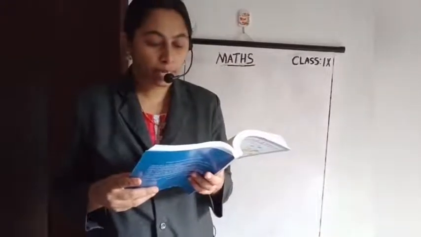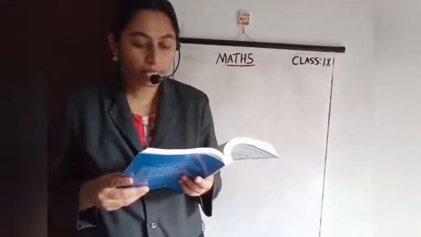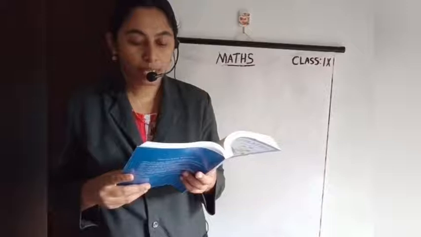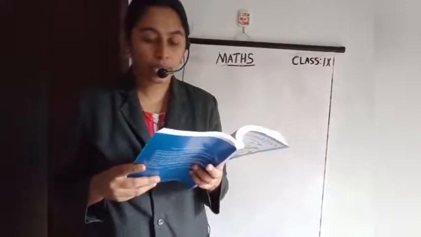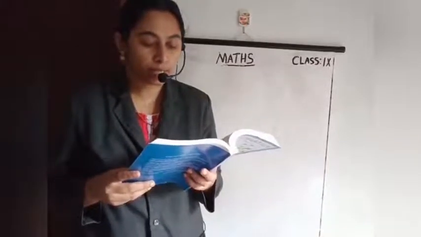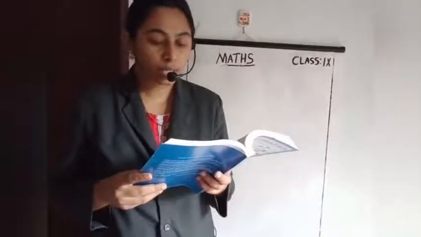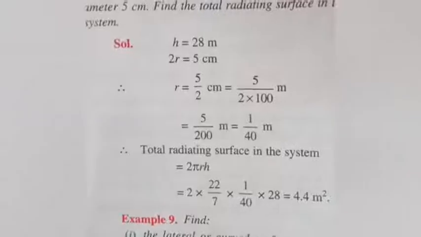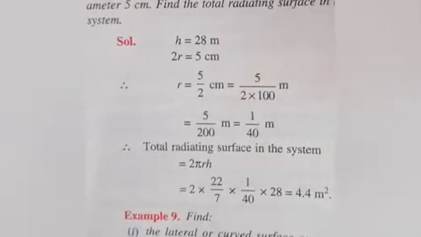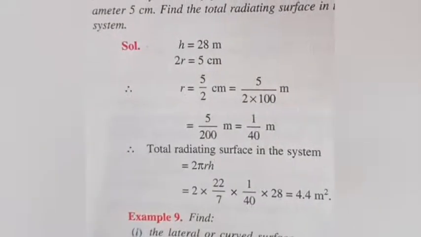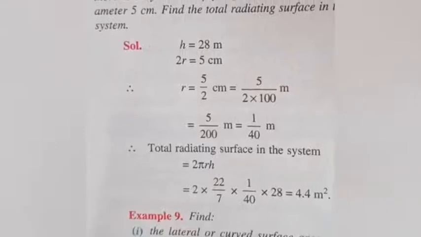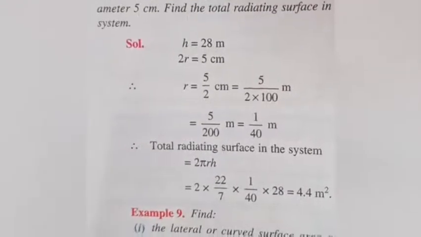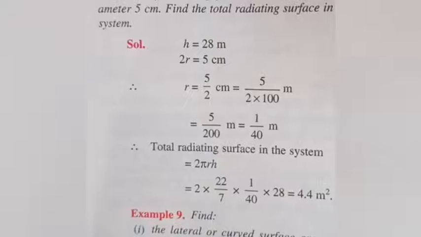Now question number 8. In a hot water heating system, there is a cylindrical pipe of length 28 meter and diameter 5 centimeter. Find the total radiating surface in the system. We need to find the total radiating surface.